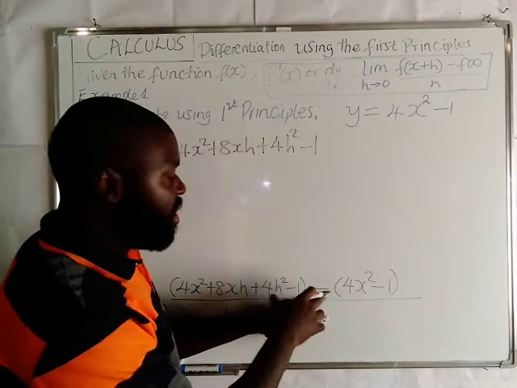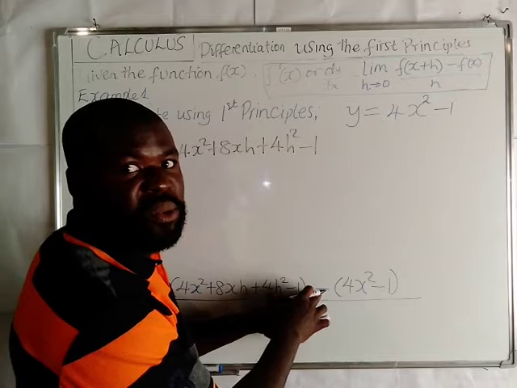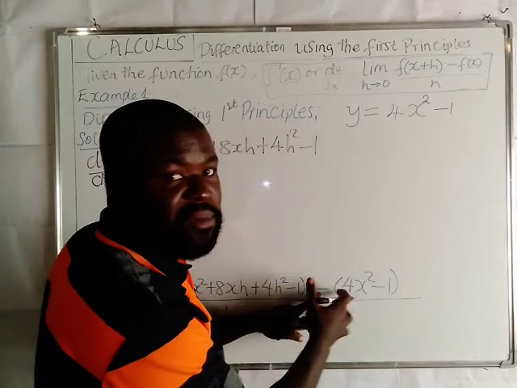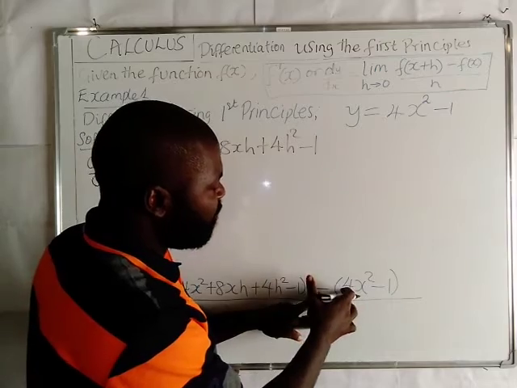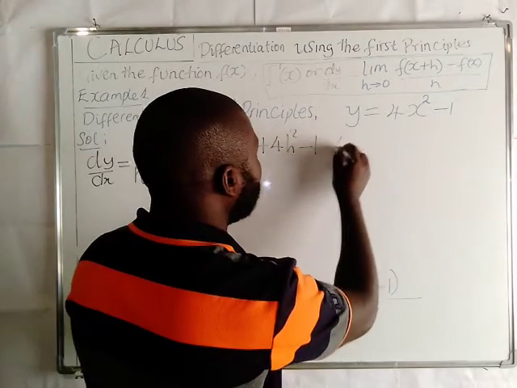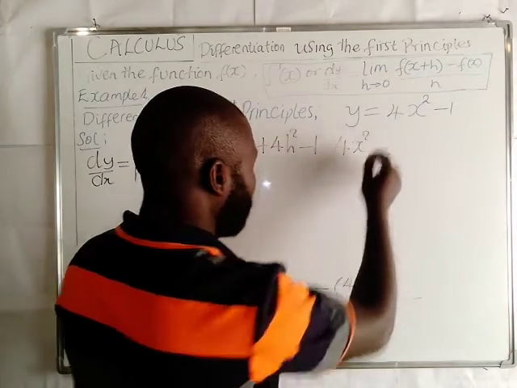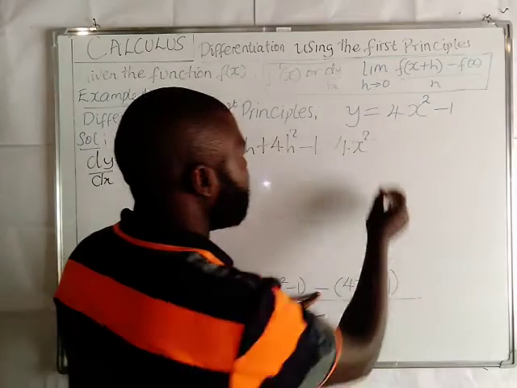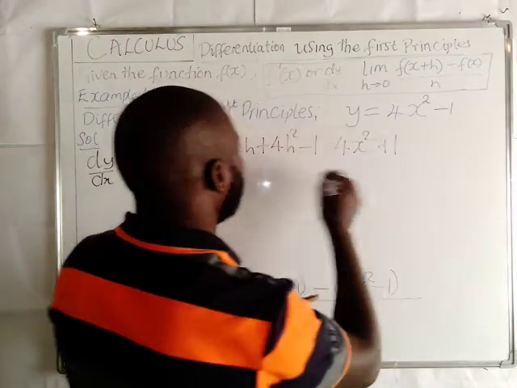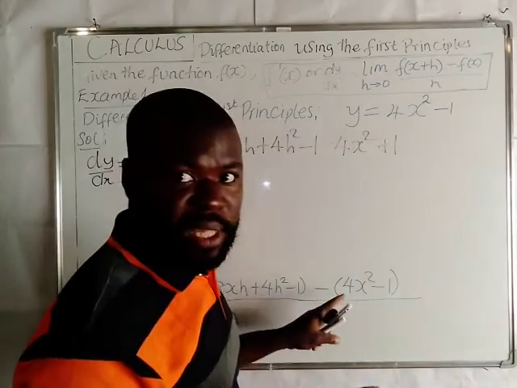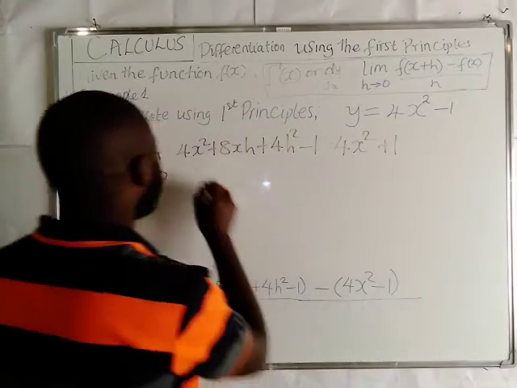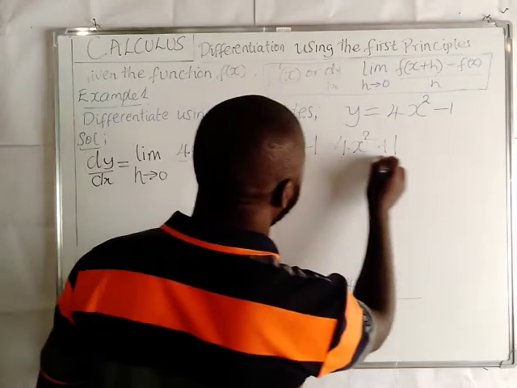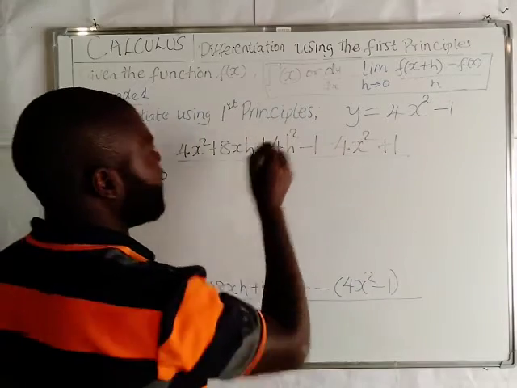Bearing in mind that we have a negative here, which we are going to distribute on each one of these terms. So when we say minus 1 times 4x squared, we get minus 4x squared. Minus 1 times minus 1, we get plus 1. Okay, we have to be very careful here so that we don't miss the plus here. So now everything over h.